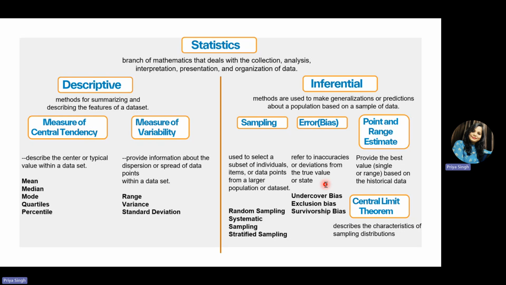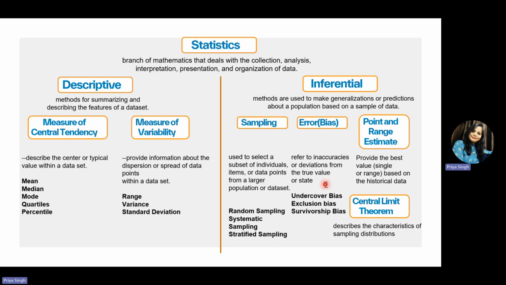Some groups in the population are underrepresented or missing from the sample. For example, if you conduct a survey online and you get the results, the people who are not using the internet will be left out. So they will remain unrepresented or missing.